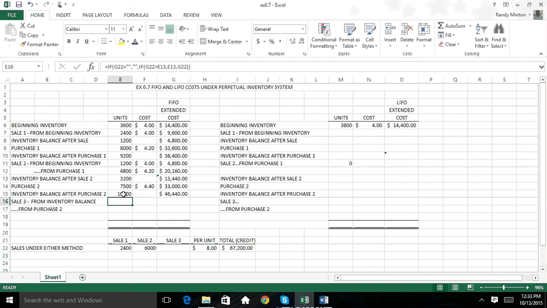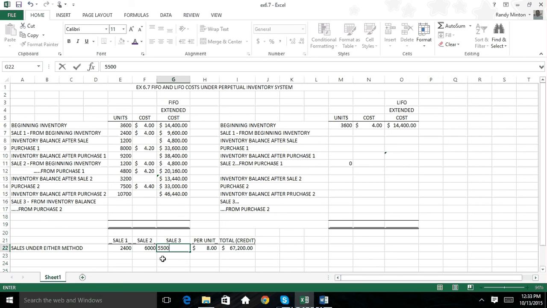Anyway, in this case, we bought 7,500 units at $4.40. The extended value is $33,000. Adding those two together, you get $46,440 of inventory balance after the second purchase and inventory units of 10,700. Now we have yet one more additional sale, and that additional sale was for 5,500 units.